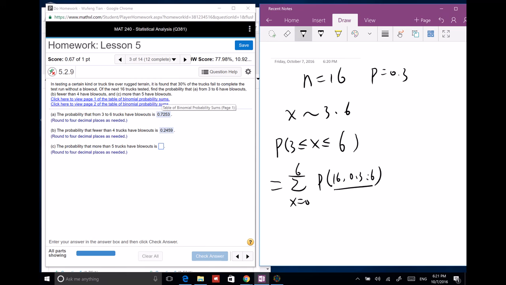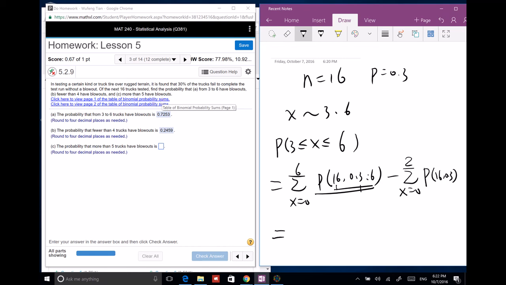You just write down that this is the binomial distribution, and then these are just the parameters. Since it is 3, 4, 5, 6, you have to subtract 0, 1, 2, so it's from 0 to 2, the same probability, okay.